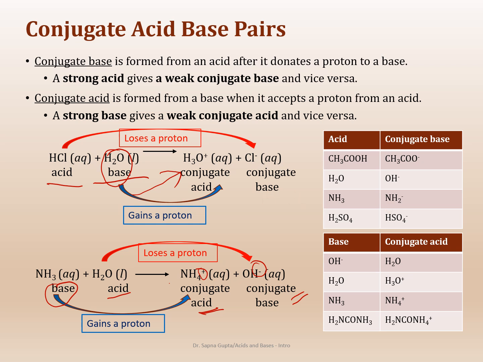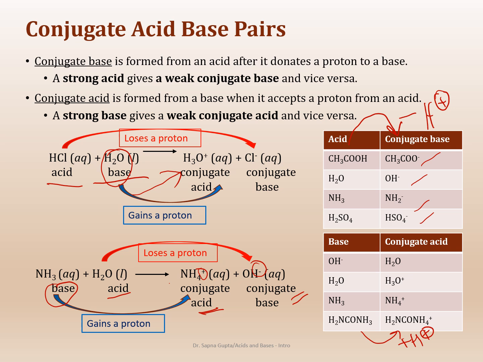So conjugate base, always going from here to here, is minus H plus. Minus H plus meaning almost everything is going to be negative. Sometimes things are neutral also, but here everything is negative because I'm starting with something that is neutral. So acid to conjugate base is minus H plus. Base to conjugate acid would be plus H plus.